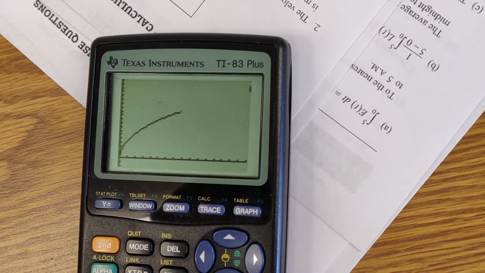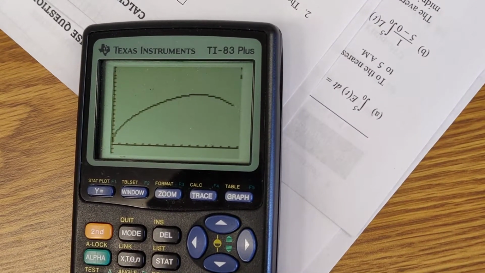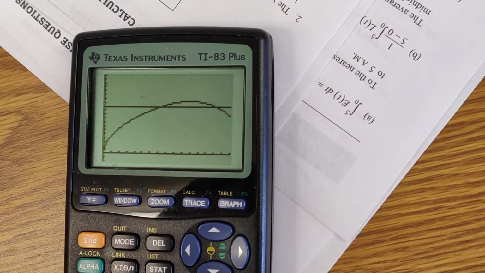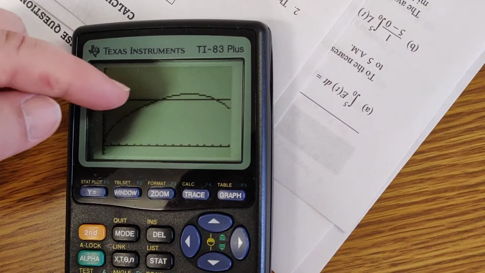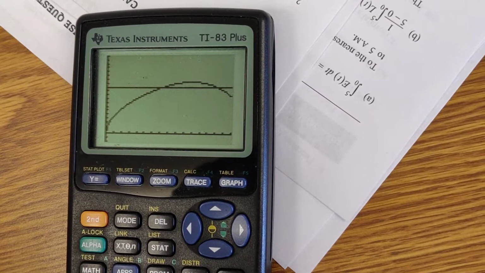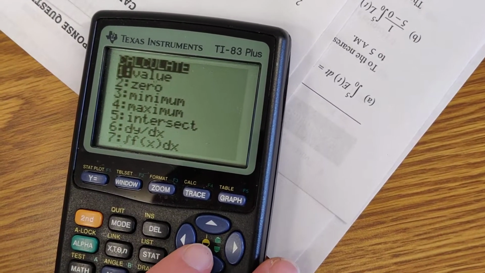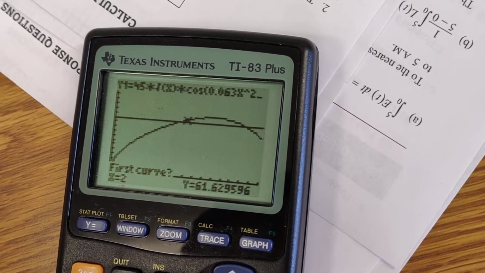There's the graph of the velocity of particle Q. This is the graph of y equals 60. The velocity of particle Q is above 60 when the graph of the velocity is above the line y equals 60. Then go to second, calculate. Intersect. Intersect gives you the point of intersection.